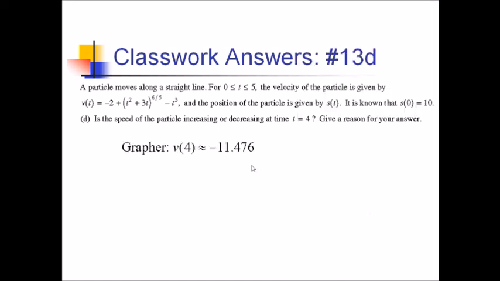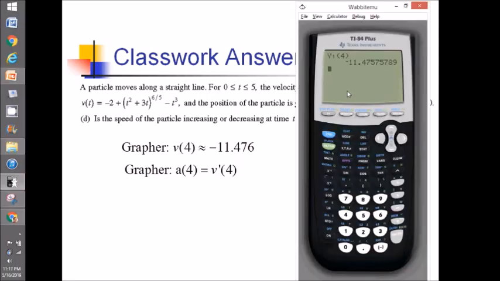Next, I need to find out acceleration at 4. Acceleration is just going to be the prime of velocity, the derivative of velocity. So let's do that on the calculator. To do that on the calculator, I'm going to go to math 8. That's the nDeriv function. We need an x down there.